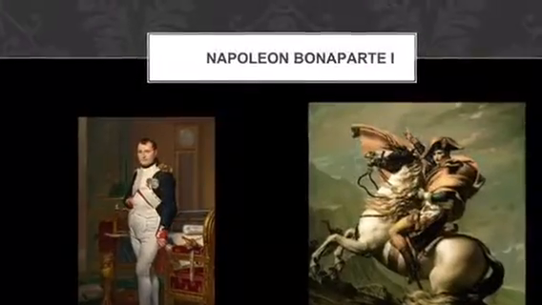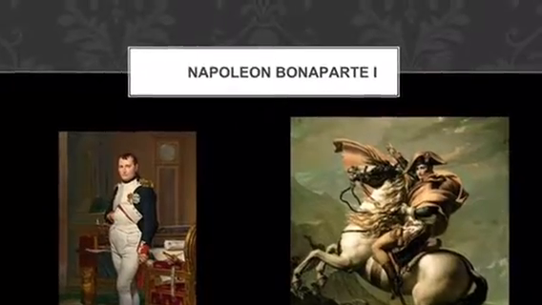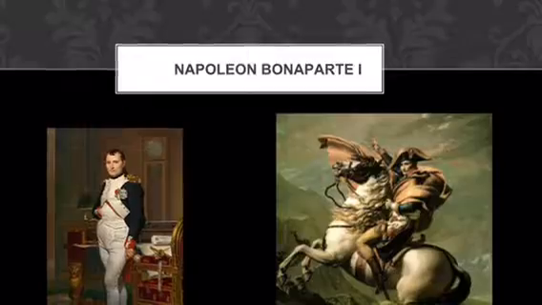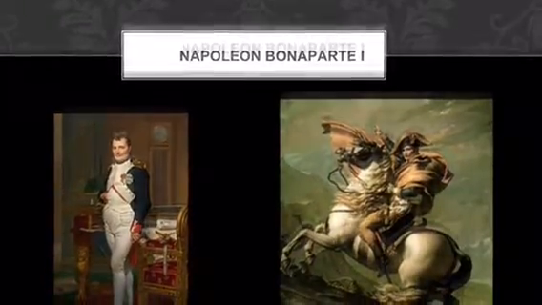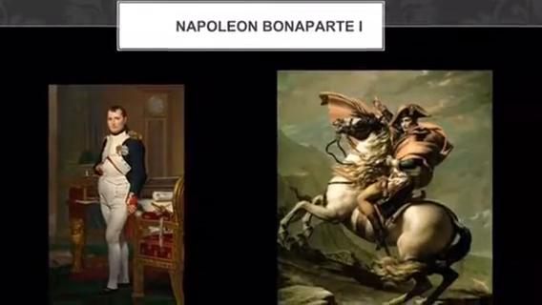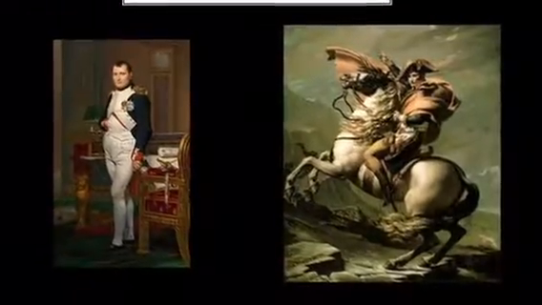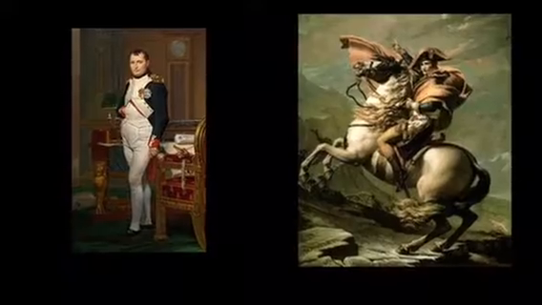To them he added a rational and efficient local administration, an end to rural banditry, the encouragement of science and the arts, and the abolition of feudalism and the greatest codification of laws since the fall of the Roman Empire."